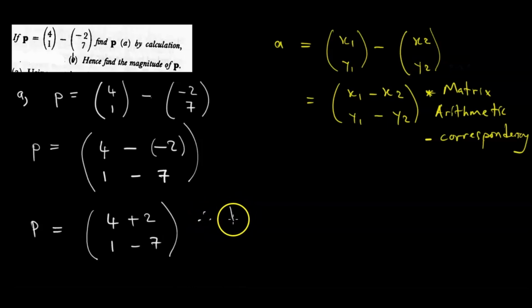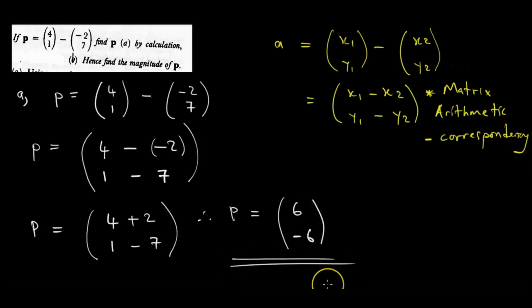Therefore P is equal to, takati 4 plus 2 tinowana 6. 1 minus 7 tinowana minus 6. So this is going to be our final answer, 6 minus 6.